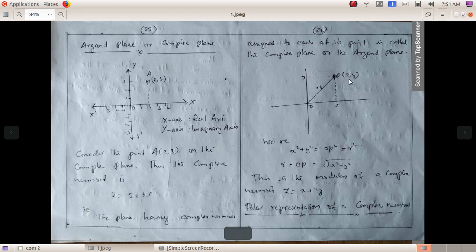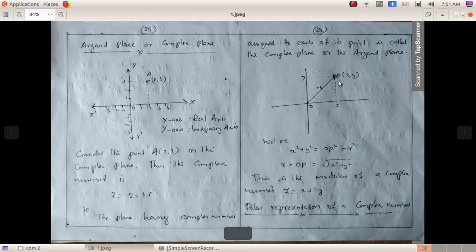See a general point P(x, y). Clearly this is x and this y is represented on the y-axis. So what complex number is assigned here? z is equal to x plus iy. This length is x units and this length is y units.